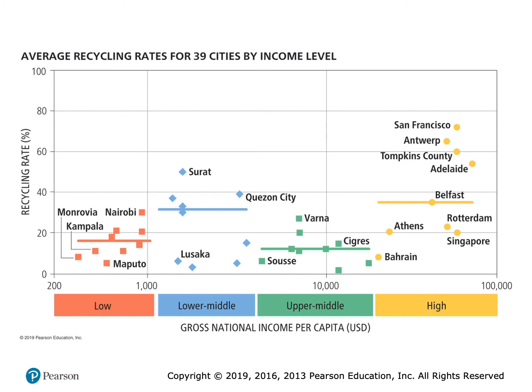But this is just showing the recycling rate for 39 cities by income level. And you can see it doesn't matter, high income cities between San Francisco to Buran, they can have low or high recycling rates throughout the world. So it doesn't matter really your income, it just matters how well the policies are put into effect to increase recycling rates.